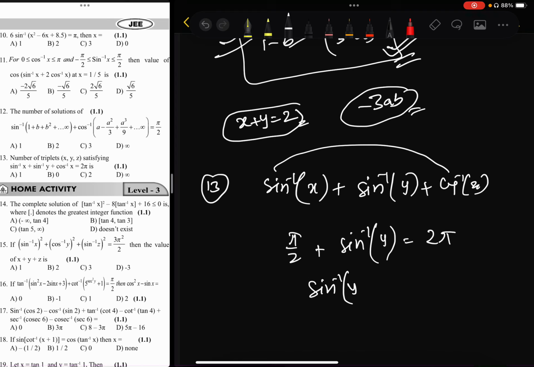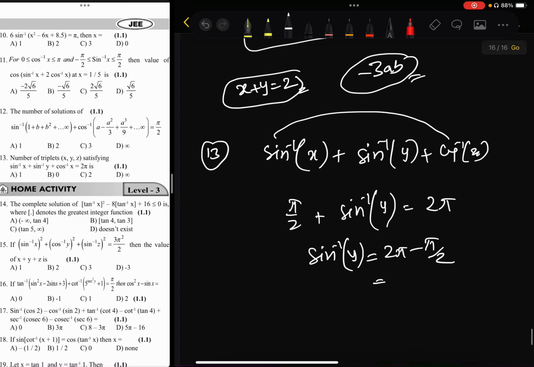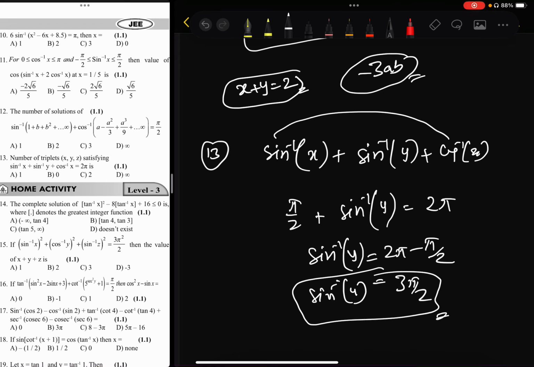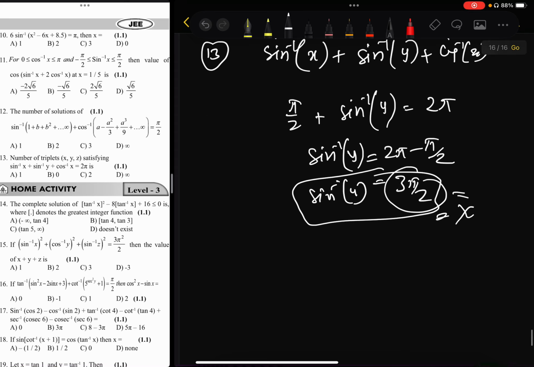So sine inverse y equals 2 pi minus pi by 2, that is 3 pi by 2. This is not possible. Sine inverse only will give an angle between minus pi by 2 to pi by 2. So no solution for y. There will be no triplet for x, y, z also.